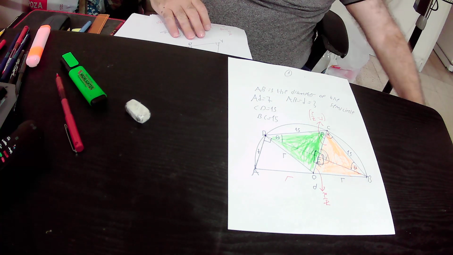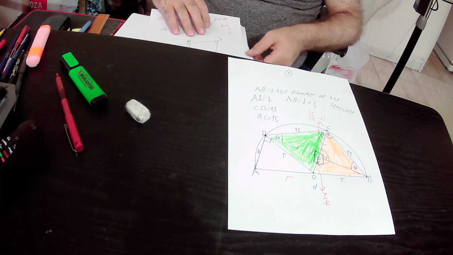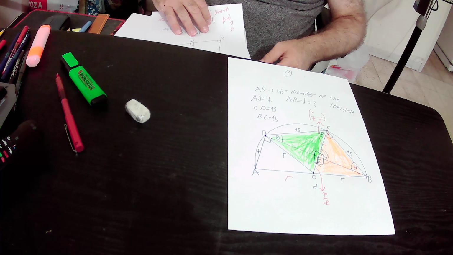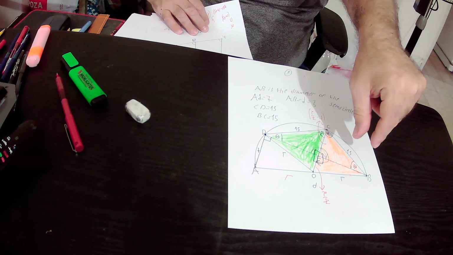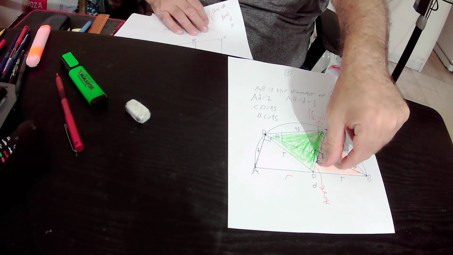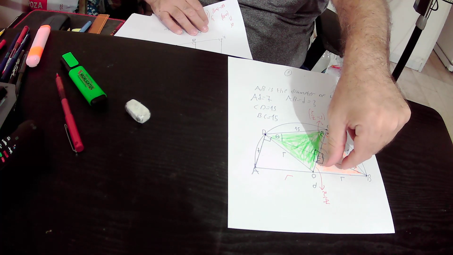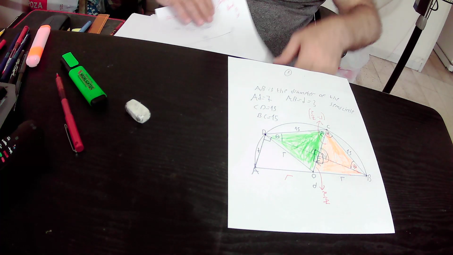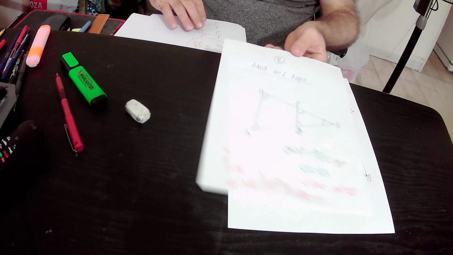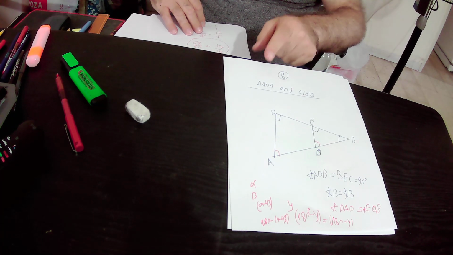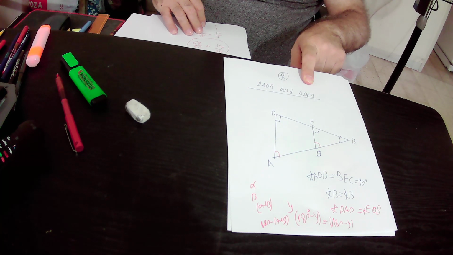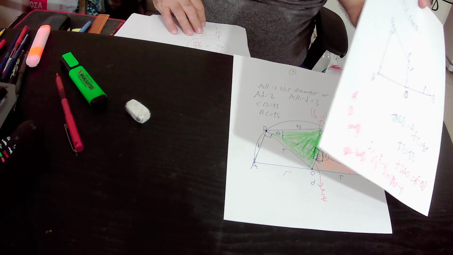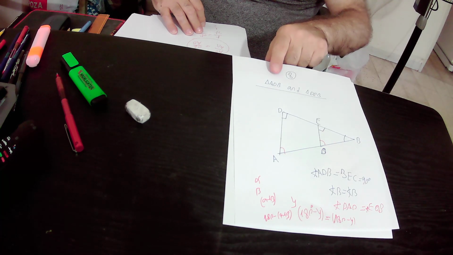Okay, so then we focus on triangles ADB and the small triangle BEO. We focus on the two triangles, triangle ADB and triangle OEB.